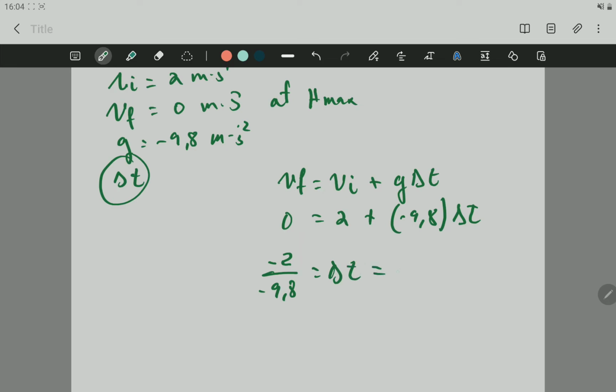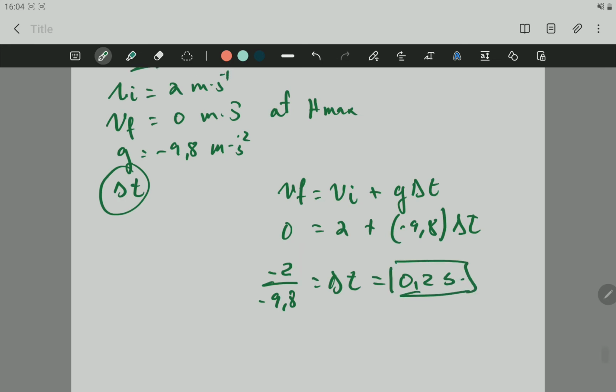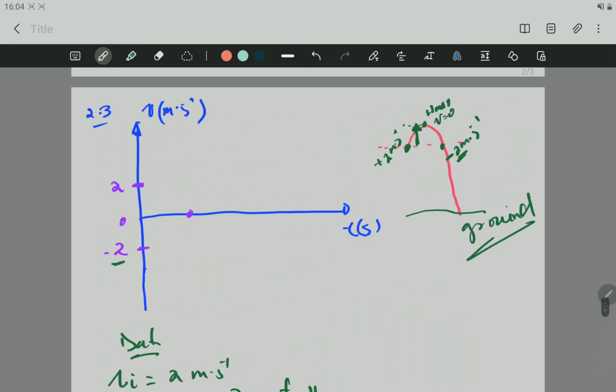When you do the calculation, it will be 0.2 seconds. You can check the calculation. So the time to reach the maximum height is 0.2 seconds. Therefore, the time to be back at the same point from which it was thrown is also 0.2. So 0.2 plus 0.2 is 0.4.